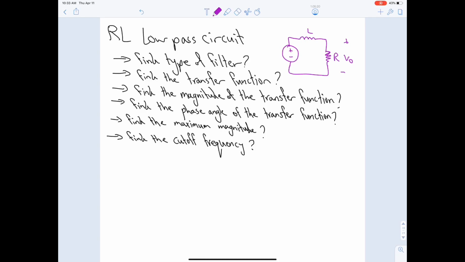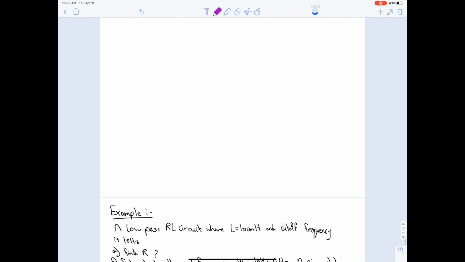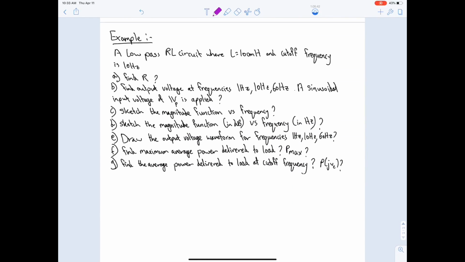Okay, so we found the type of the filter, the transfer function, the magnitude of the transfer function, the phase angle of the transfer function. We also found the maximum magnitude, and I showed you how we extract the cutoff frequency.